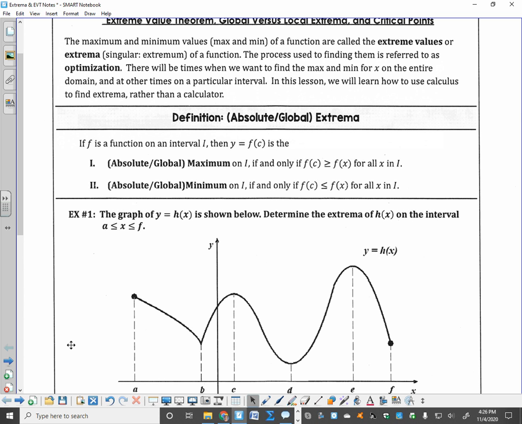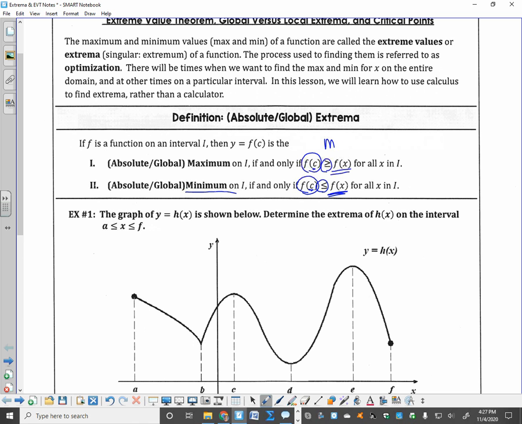Now, this is just fancy math talk for common sense. If it's a max, then absolutely the y value, which is what that is, at c has got to be greater than the whole function. And then I am a minimum if the y value at that c is smaller than the whole function.